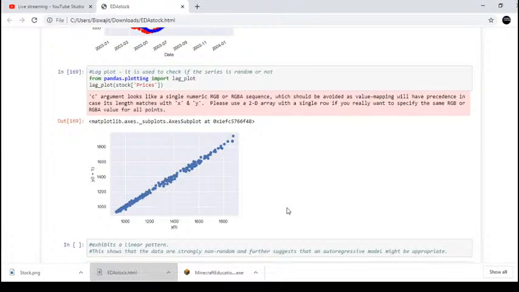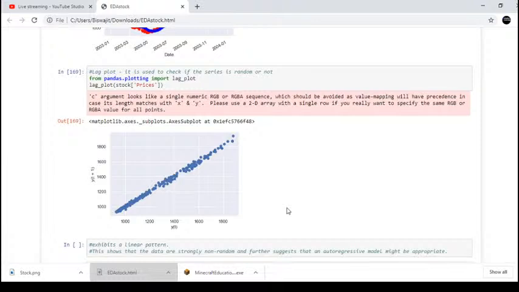But as you can see here, the pattern looks pretty linear, right? Therefore it has got some pattern, and it's a linear pattern, so you can definitely go ahead and build a theoretically sound model like AR or MA or ARIMA. That kind of a model you can certainly build using this data.